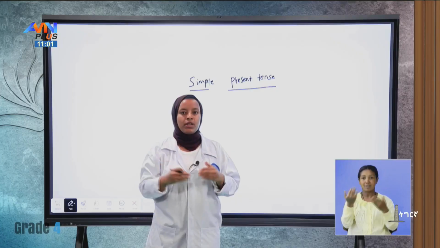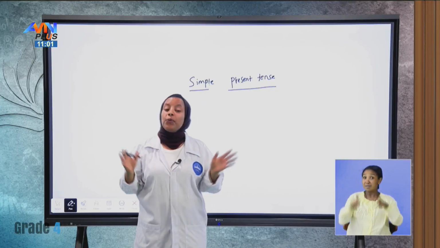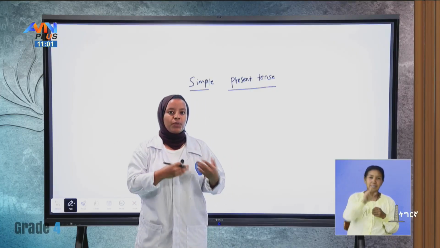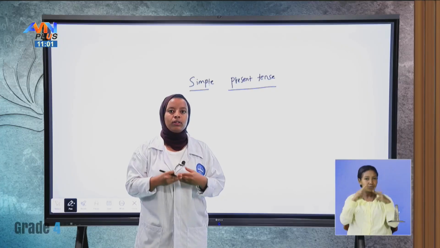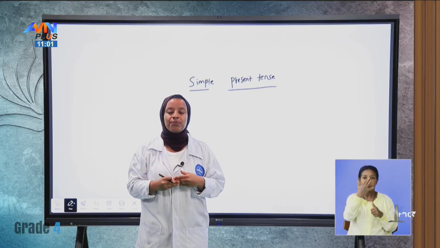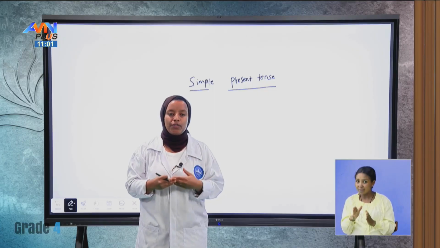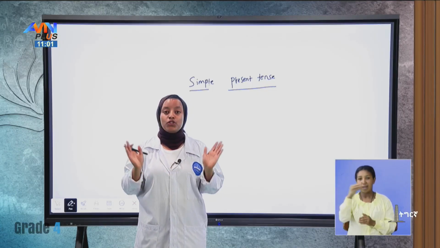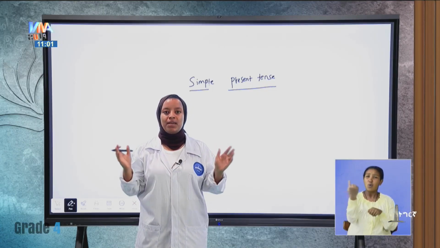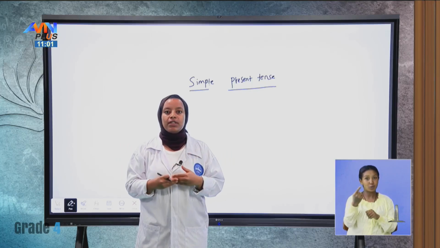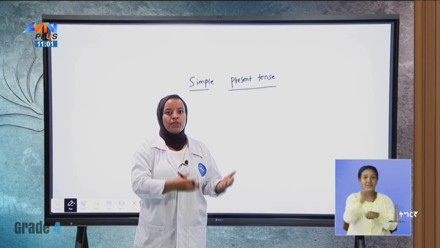Let us start. When we come to simple present tense, we can use it for 3 specific things. For example, habitual action, and also facts, which are called general facts, and the truths that are always the same. We can use simple present tense to make such kinds of sentences.